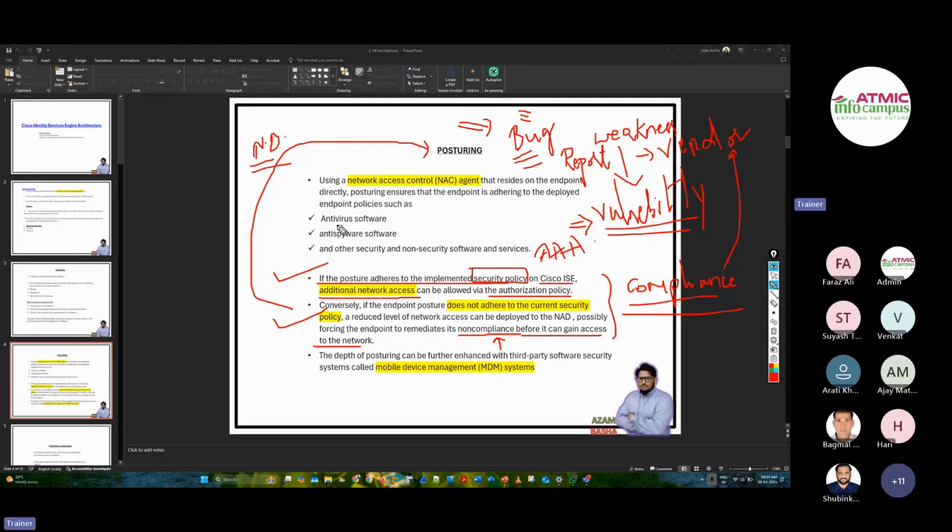Everything will be monitored via the agent. And I'll give you a different example. You have a list of websites that you can access, right? I'm not saying that ISE is going to do that; there are many other software products from Microsoft that do that.